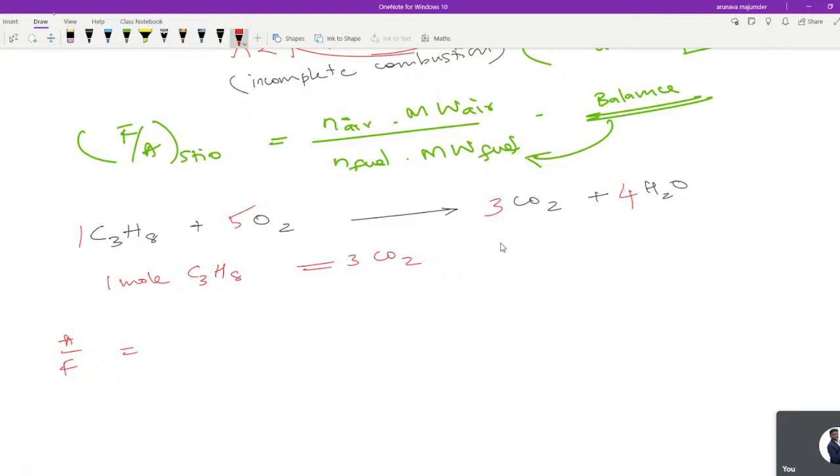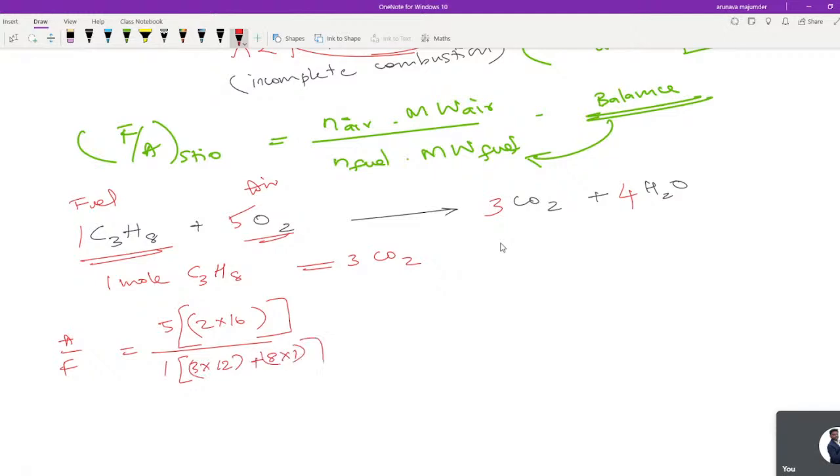You can do either air by fuel or fuel by air. So this is your fuel and this is your air. Here you have first 4 moles, so 4 moles into 2 into 16, divided by the fuel: you have 1 mole, where carbon is 3 into 12 plus 8 into 1.